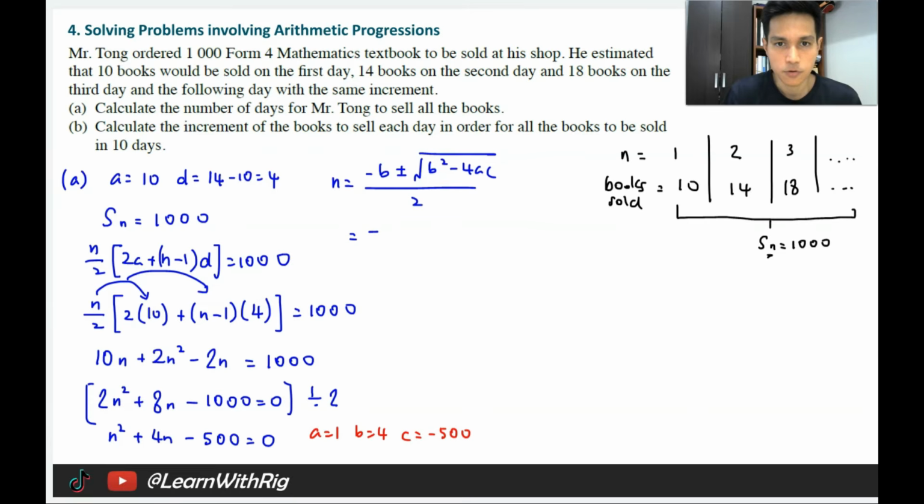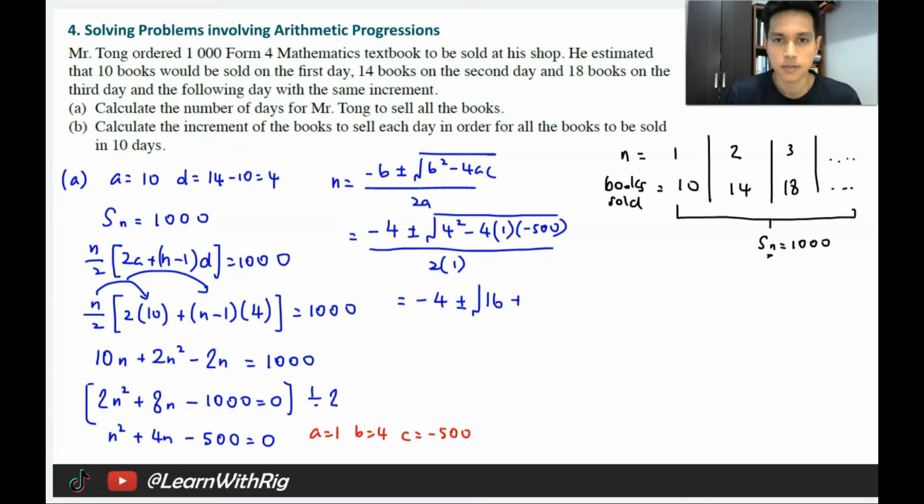Negative b is negative 4, plus minus square root of 4 square, which is 16, plus 4 times 500, which is 2000, over 2 times 1. So you should have two answers, because you have plus minus, correct?